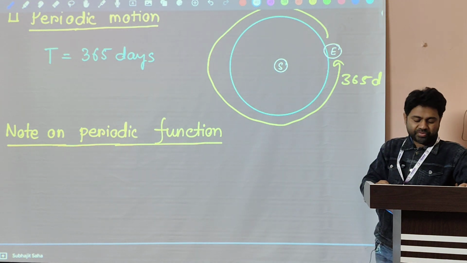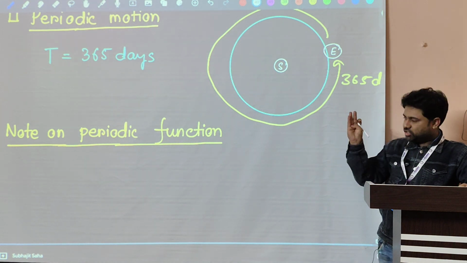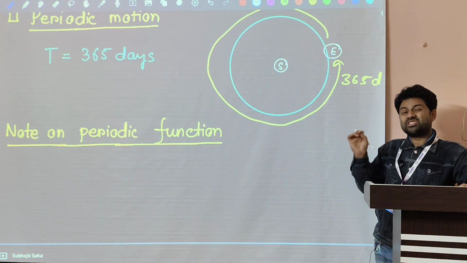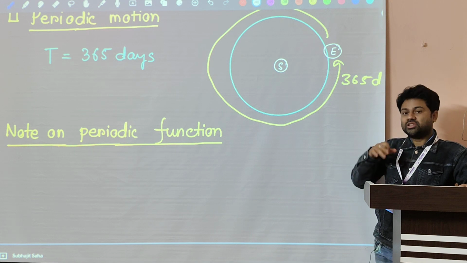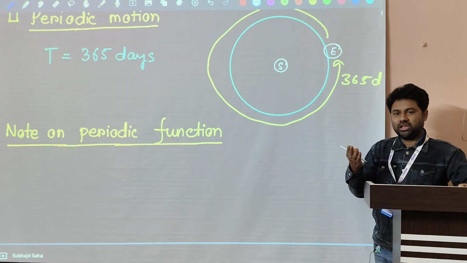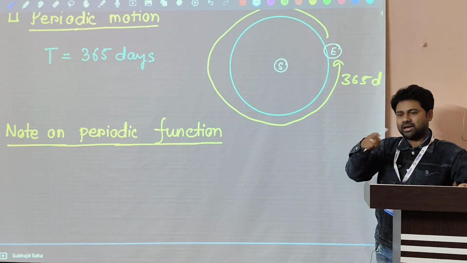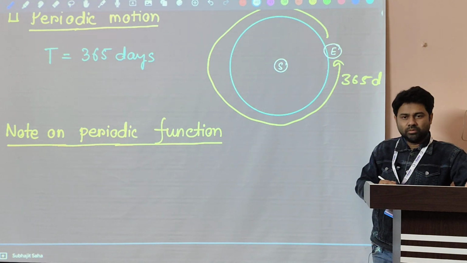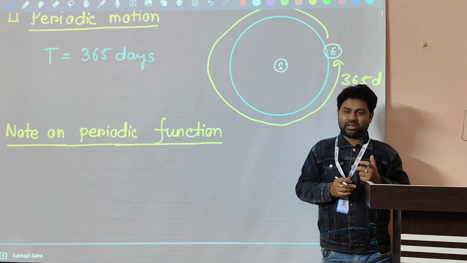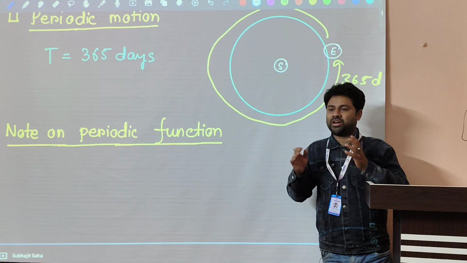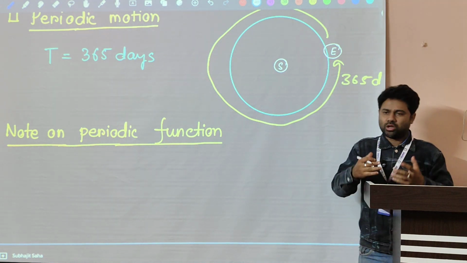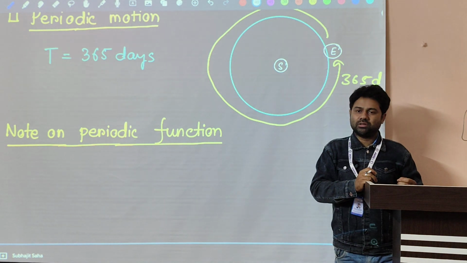I'll repeat. If velocity, acceleration or position of a particle is a function of time, I mean the velocity might be a function of time, acceleration might be a function of time, position might be a function of time, such that the function itself is periodic. That means the function repeats its value after a certain period. Then the motion of the particle will be called periodic.